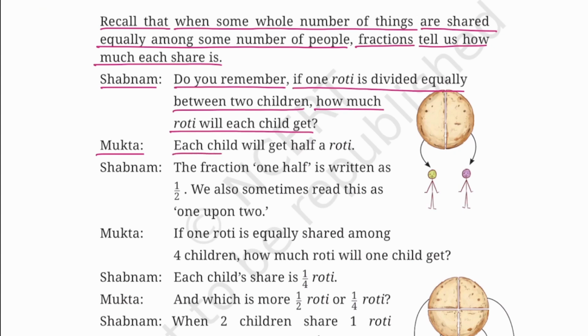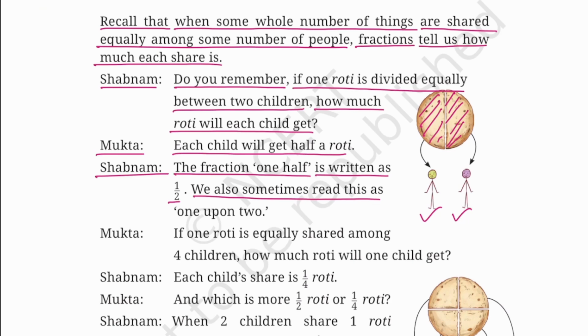Each child will get half a roti. The fraction 1 half is written as 1 by 2. We also sometimes read this as 1 upon 2.